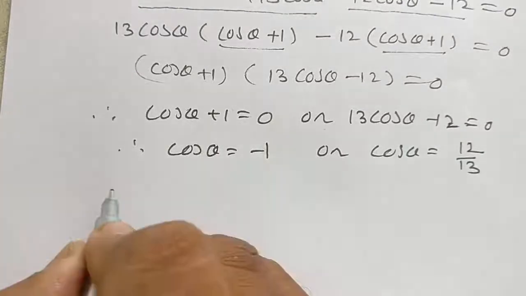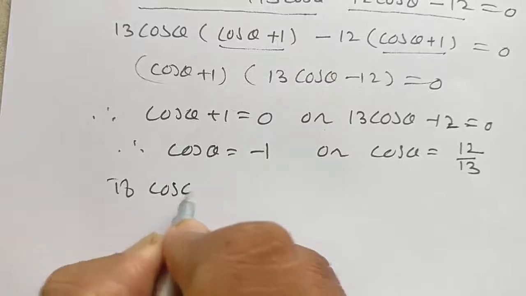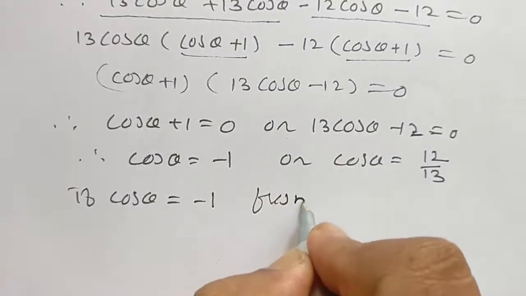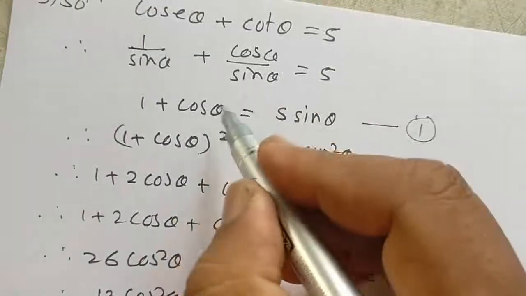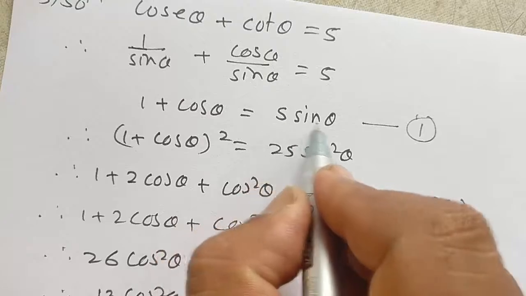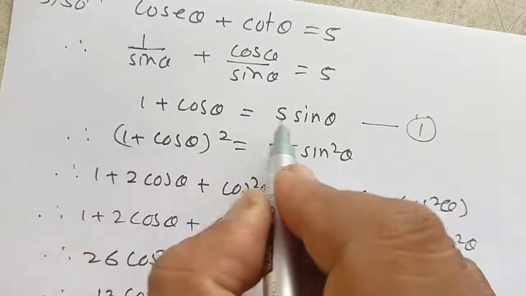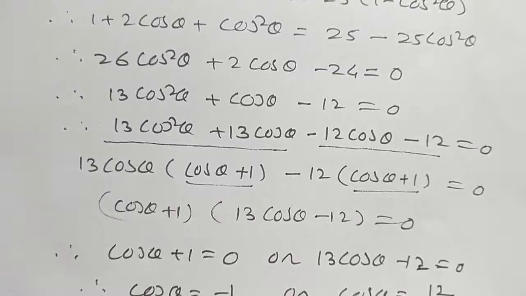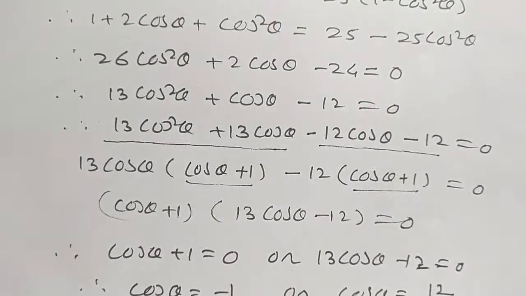Now, if cos theta is equal to minus 1, from equation 1, putting cos theta is equal to minus 1, 1 minus 1 is equal to 5 sin theta, that is 0. Therefore, sin theta is equal to 0.